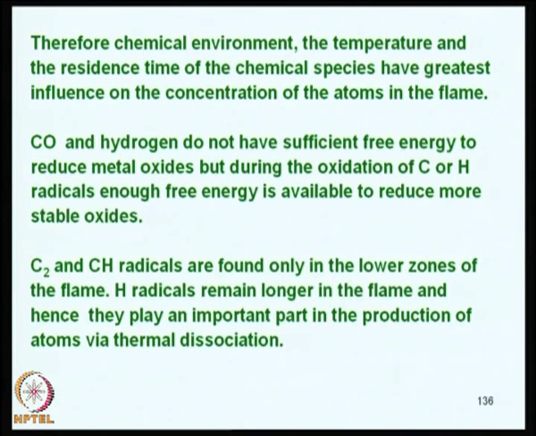If you remember, C2 and CH radicals are found only in the lower zones of the flame, and hydrogen radicals remain longer in the flame, and therefore they play an important part in the production of atoms, because one is through thermal dissociation, and also hydrogen is a reducing agent.